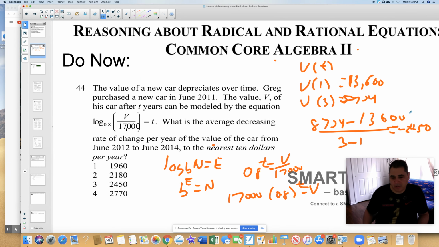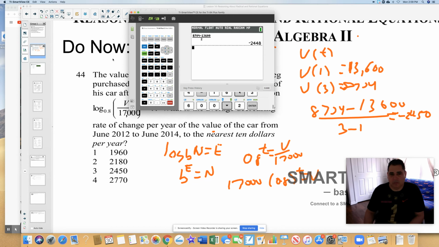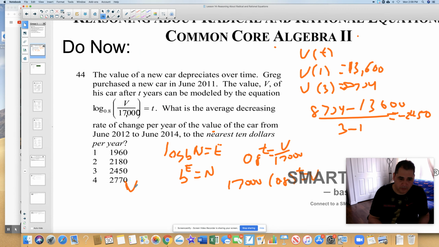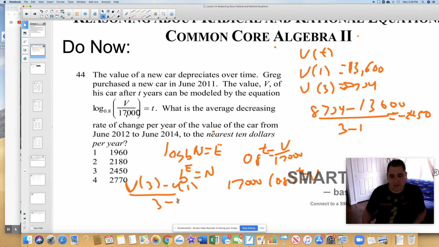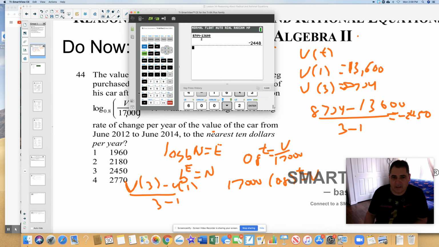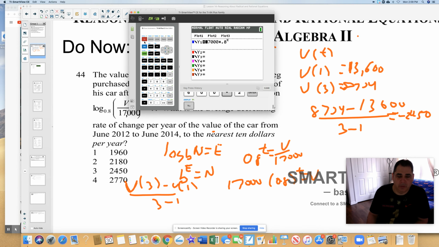I want to show you something else with the calculator. I don't know if you remember, I was doing this once before with function notation. We know that it's difference of the outputs. So V of 3 minus V of 1 over 3 minus 1. You can actually type that in the calculator just like that. But since we put it in y1, we've got to use y1 as your function notation.